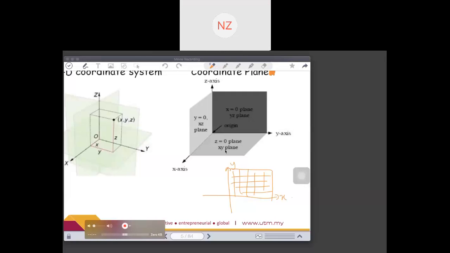At the base, which is this one, because z is always equal to 0. So this is one of the coordinate planes, which you can name the z equal to 0 plane. It is just like a floor or base, or you can say the xy plane, also possible. That is one of the coordinate planes.